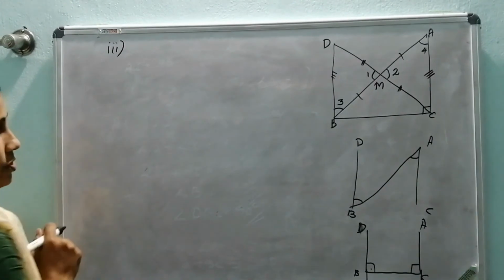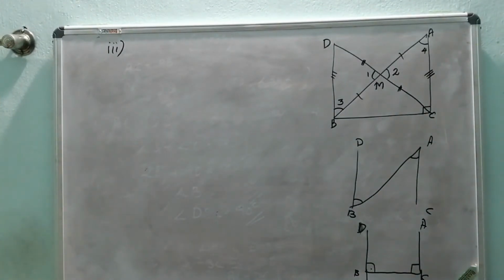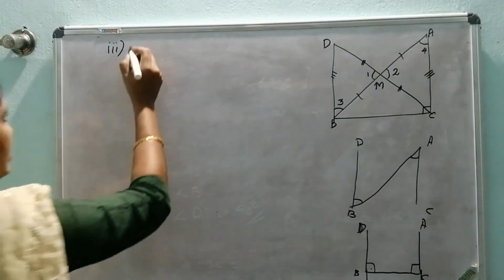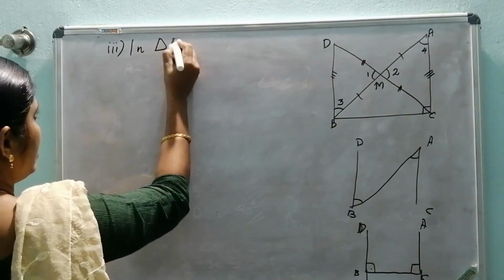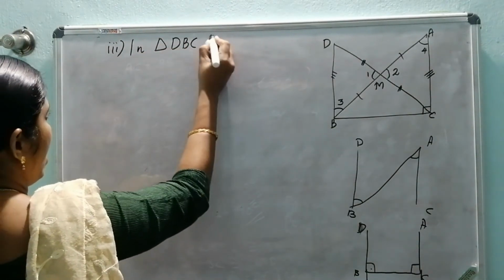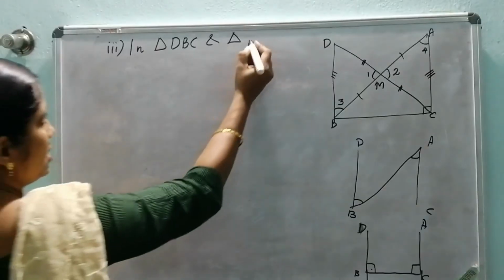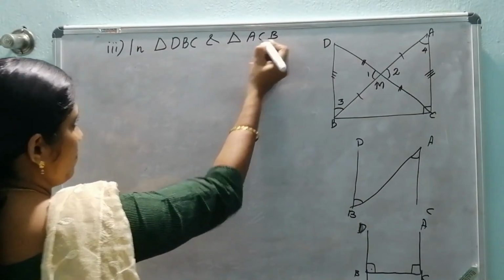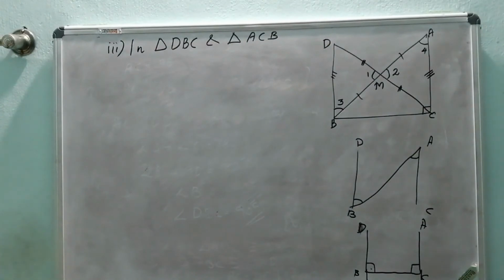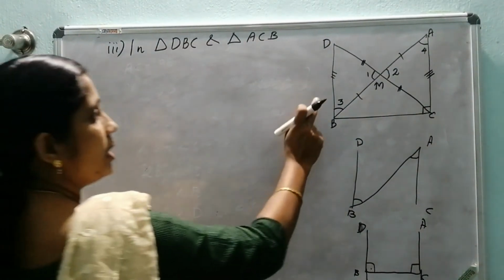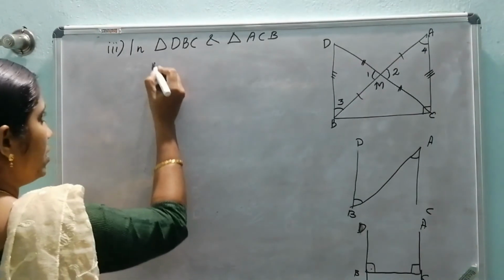Look at the third part of the question. Consider the two triangles. First triangle is triangle DBC and the other is triangle ACB. DB is equal to AC; we already proved that.